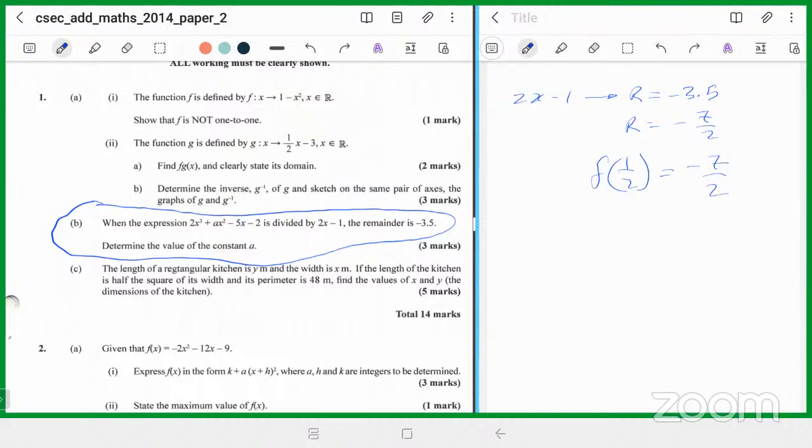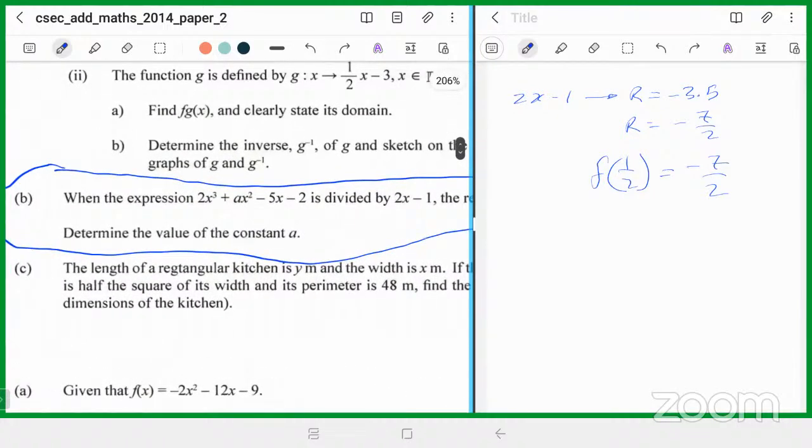F of half. So I want to plug half in the function over here, here, and there. I'm working with half, so I don't have to show the working. Half cubed becomes 1 over 8. 1 over 8 times 2 is 1 over 4.